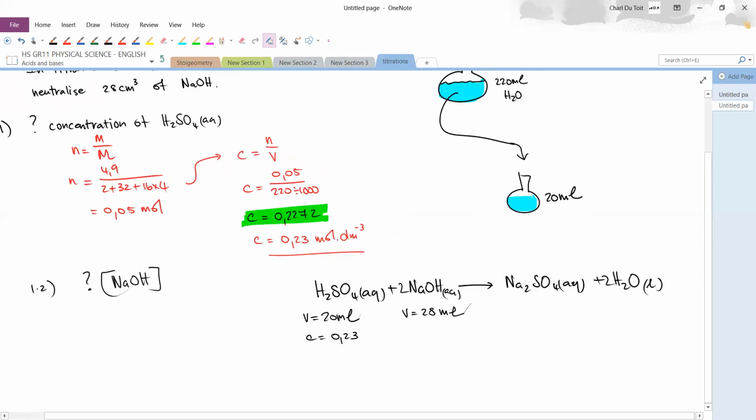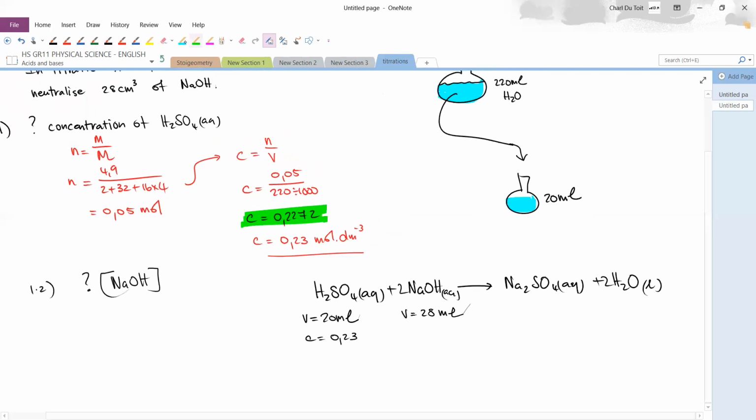The first one was to use the concentration, because remember, the concentration in the big flask and the concentration in the small flask is the same. The mole differ. There's a difference between the mole of the small one and the big one. If you take any alcohol, this is an easy way to explain it.